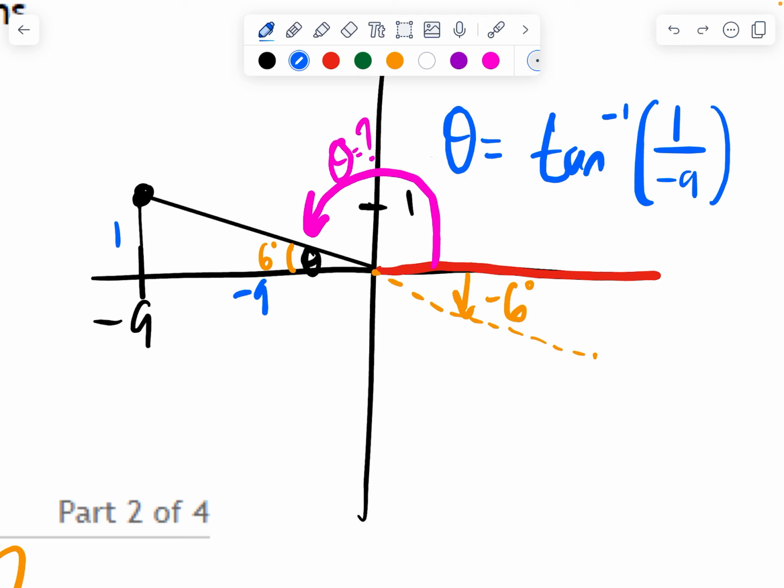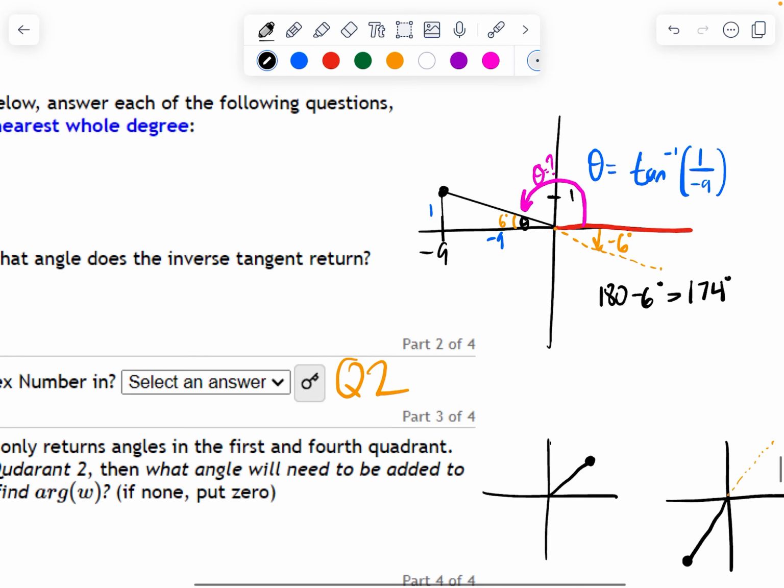That's half the coordinate plane, like half of a circle. And I know that this is just 6 degrees short of 180. So that means we're doing 180 minus 6 degrees. So 174 degrees is the argument. That is the hot pink angle right there.